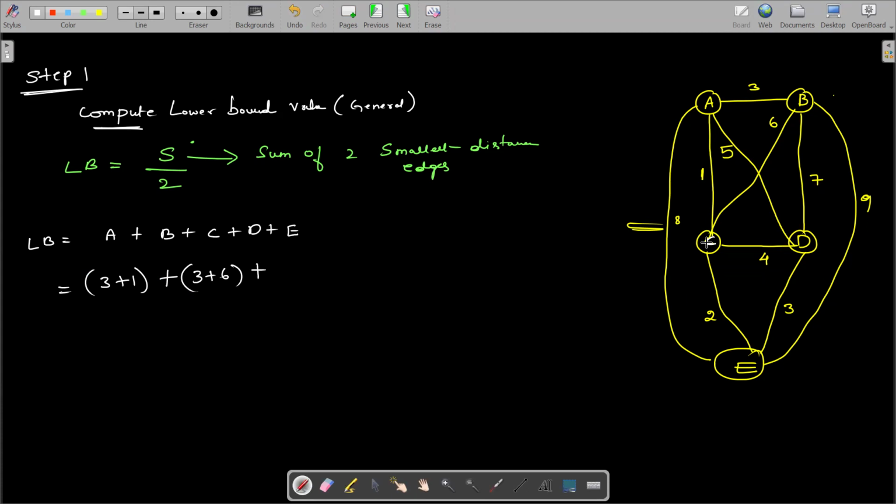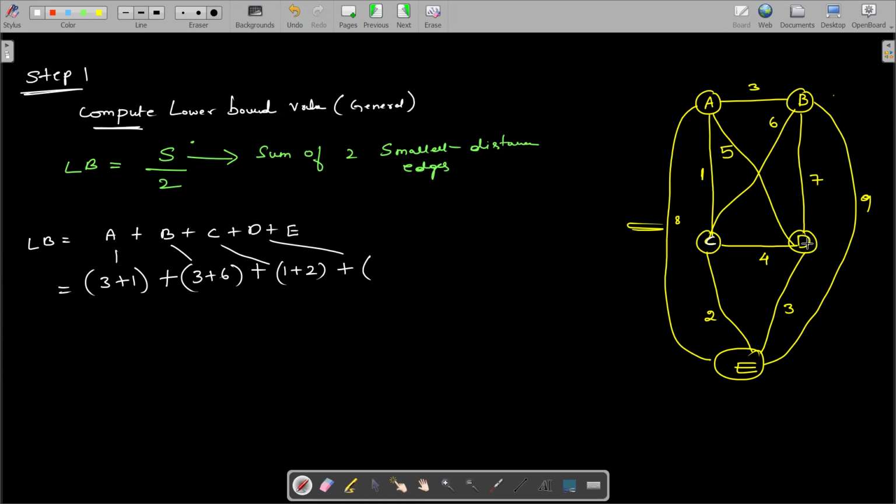For C you check it: from C to A, C to B, C to D, C to E. What are the two smallest? 1 and 2. So 1 plus 2. This is for A, this is for B, this is for C. D also I will take. Plus, what is the D?